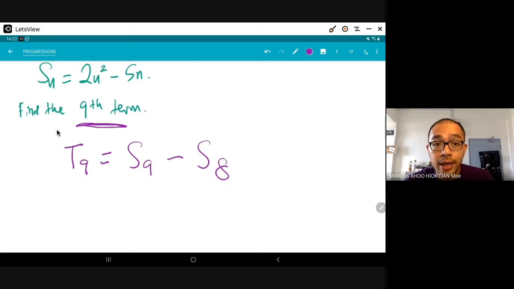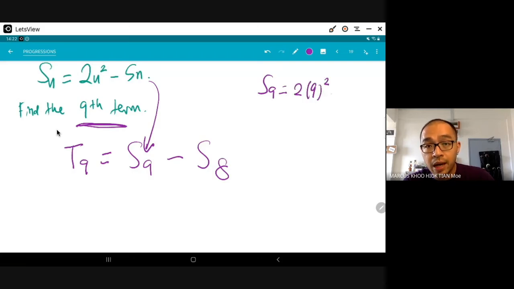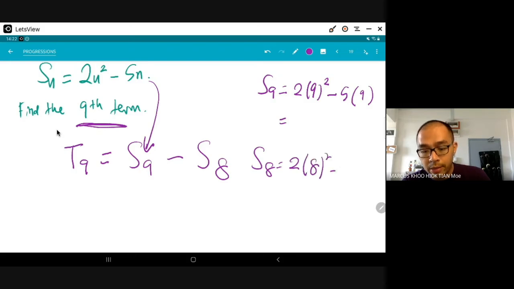Bolehkah kita mencari S9? Boleh, ganti je. S9 equals 2 times 9 squared minus 5 times 9. And S8 is 2 times 8 squared minus 5 times 8. Okay, and then we will get the answer.